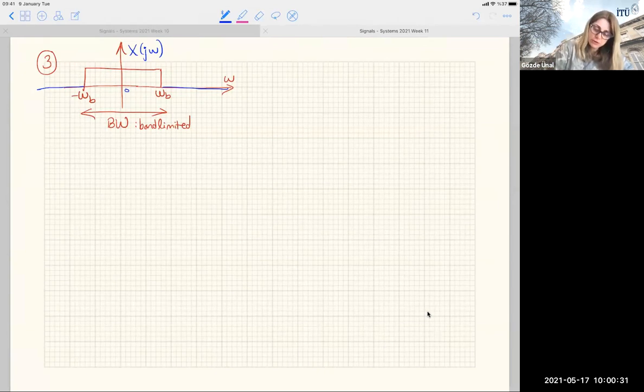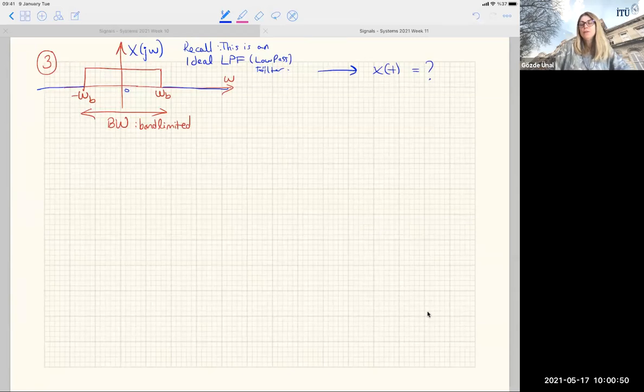So we're trying to do this exercise of finding what the low-pass filter is in time domain. We should try to understand what kind of a signal that is.